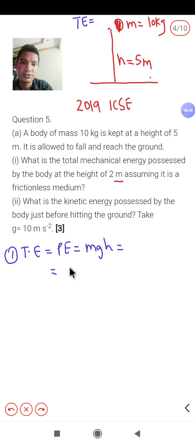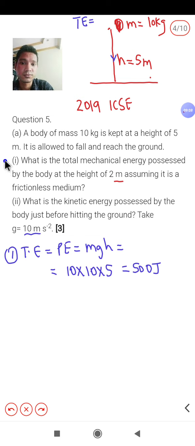Mass is 10 kg, g we have to take 10, height is 5 meter. So the total energy at the top position will be 500 joule. Potential energy is decreasing, kinetic energy is increasing, total will remain constant.